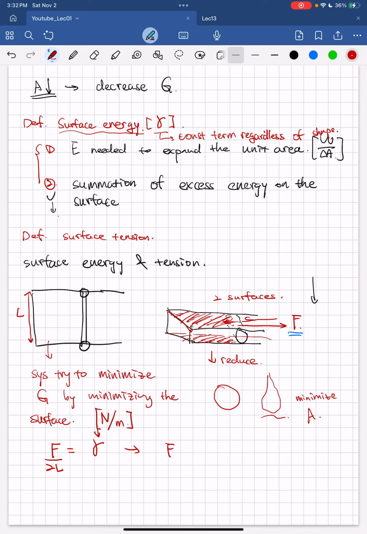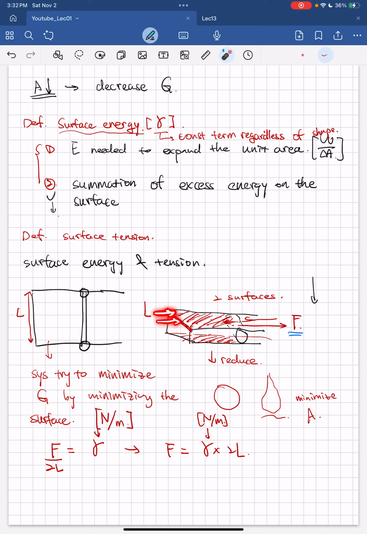So the force needed is gamma times 2L, because gamma is Newton per meter, right? So per meter of here, this is L. There will be a certain amount of force here per unit meter, like this. It wants to shrink. There is this kind of force making the liquid shrink and making the area minimized.